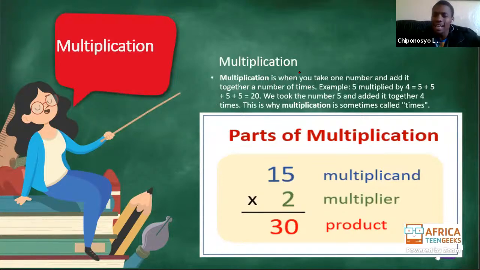And repeated addition is that I have 5 times 2, right? Let me put it here. Sorry, 2 times 5. It's going to give us the same answer. I have 2 times 5, right?